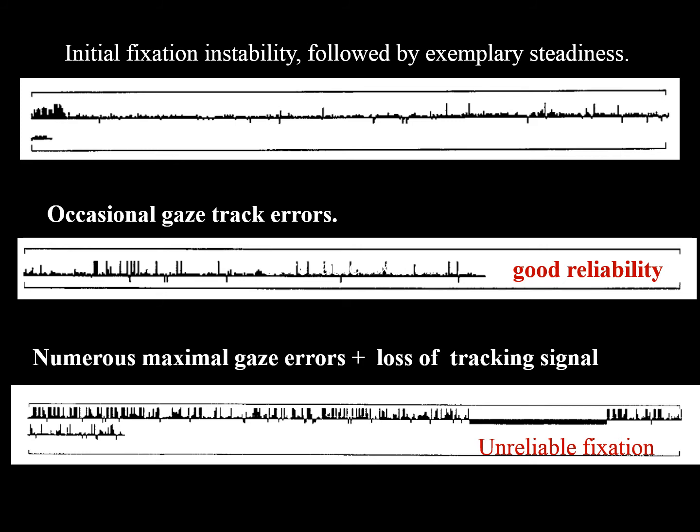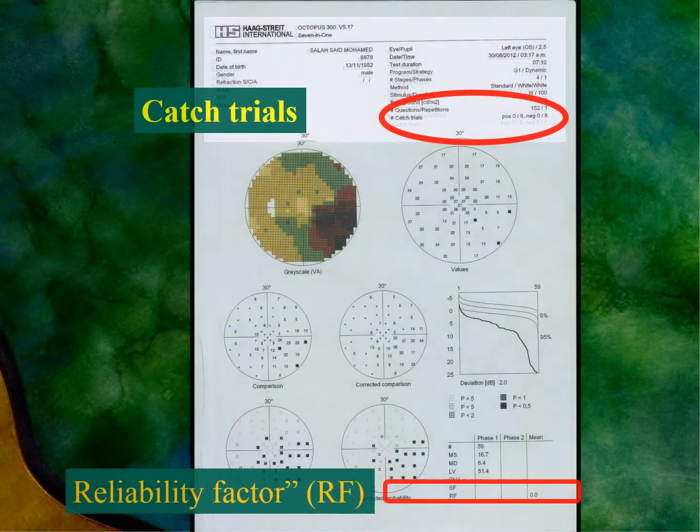Here the gaze tracker shows so many times there was an artifact, there was improper gaze, so it is not acceptable. In case of Octopus, instead of false positive and false negative, we have positive catch trial and negative catch trial, and at the bottom here we have the reliability factor.